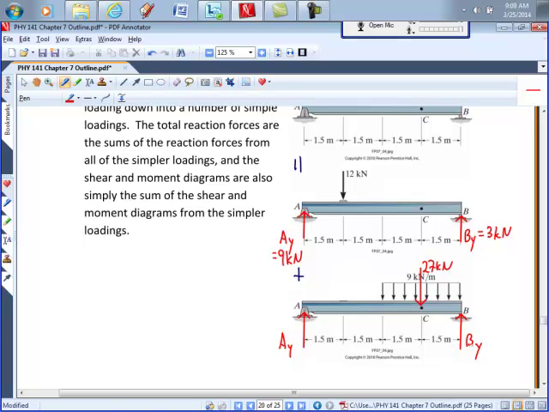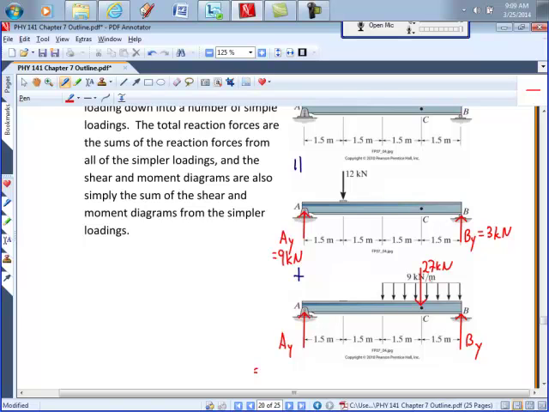So if we do moments about B, since that one's closer to B, we can figure out what Ay is. Ay is 4 times as far away from B as this point load, so it's going to have 1/4 of the force.